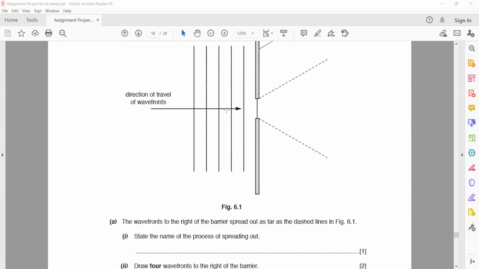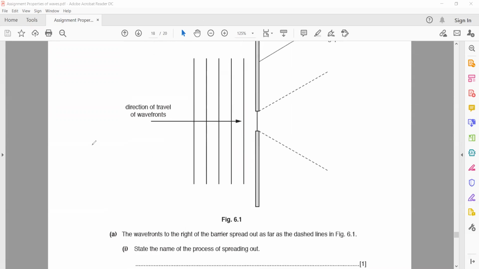Here they mentioned decreasing the frequency. You have the formula V equals F lambda, so decreasing the frequency means increasing the wavelength. And increasing the wavelength, how will it affect the diffraction?